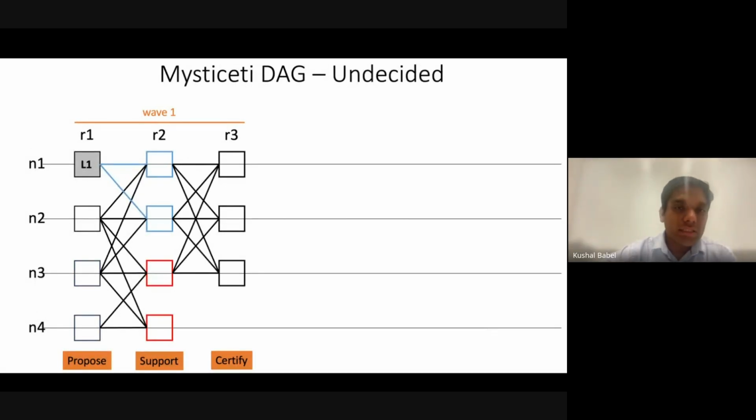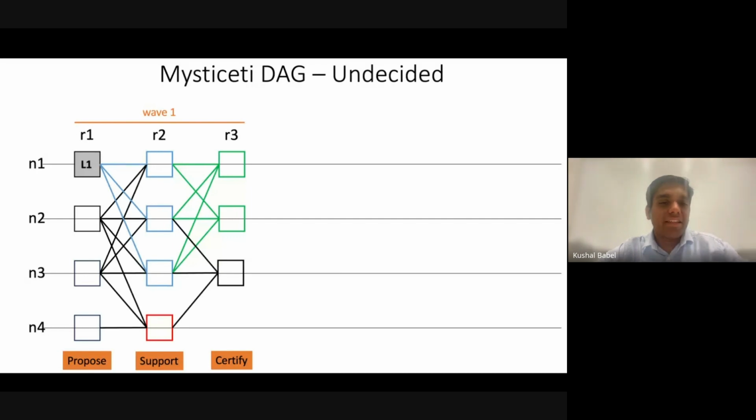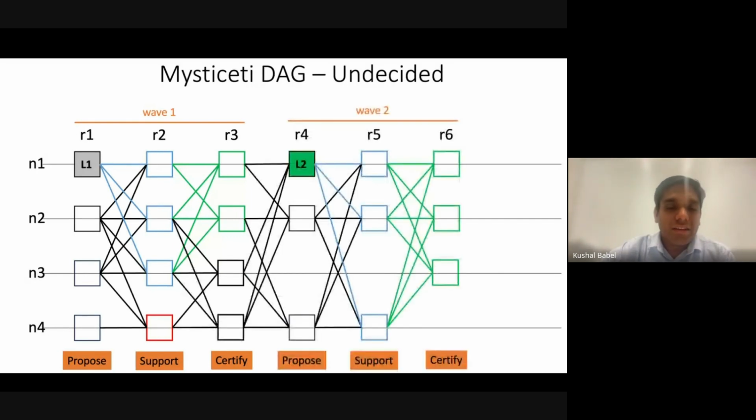All right. So these are the rules for directly committing and directly skipping. And now we need to make a decision on this particular undecided case. So suppose the DAG progresses, and you're able to commit the L2 block here. The L2 block is committed because you have, again, enough certifying blocks.